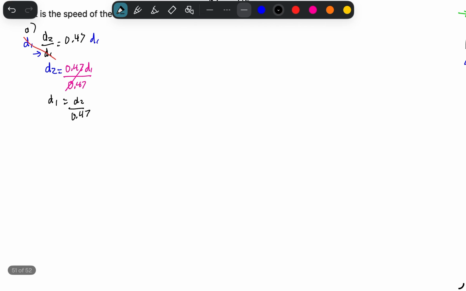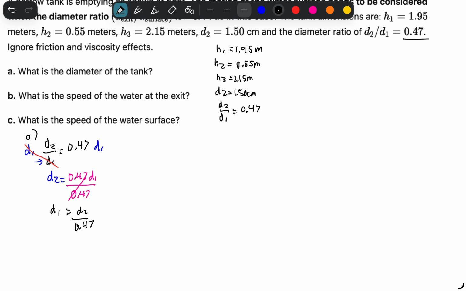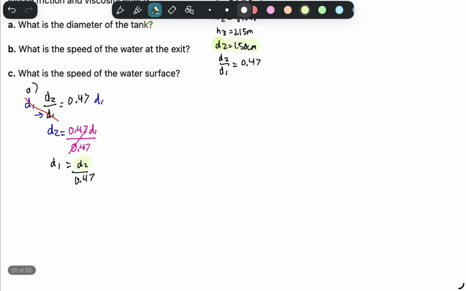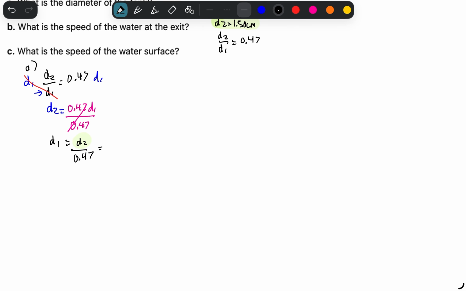We were given D2 up here. D2 is 1.50 centimeters, so we can substitute that in. D1 is 1.50 divided by 0.47. If you plug this into a calculator, this is equal to 3.19149 centimeters, but we're just going to round this to 3.19 centimeters. So that's what D1 was.